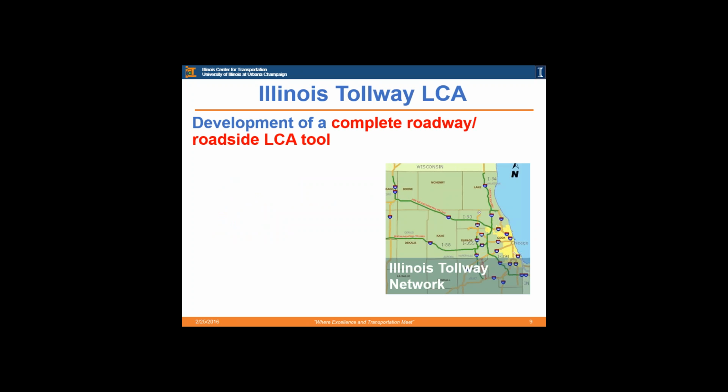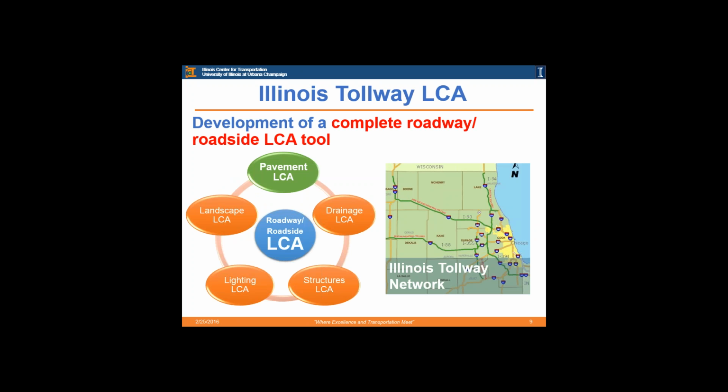So the idea was to develop a complete roadside LCA tool for the agency. And by that we mean not just the pavements, but the roadside components such as drainage, structures, lighting elements, landscaping, and so on. So to be able to combine all 5 of these modules, we call them, into one single tool and be able to evaluate a more comprehensive system.